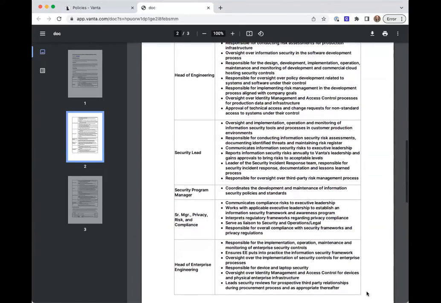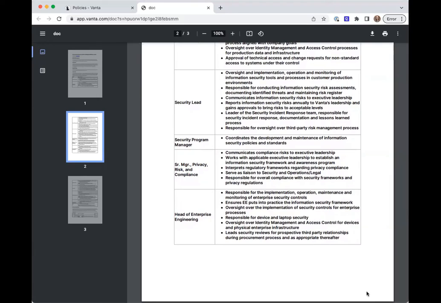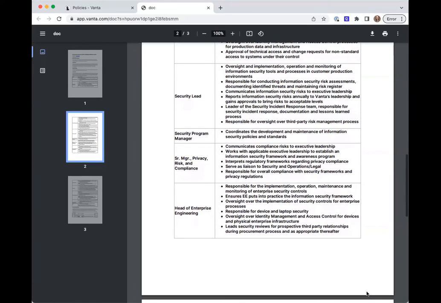Good. So then as we move down on the stack, one thing I want to call out would be these are all specifically security roles. So security lead, program manager, your GRC person, head of enterprise engineering. That's what we call IT at Vanta.